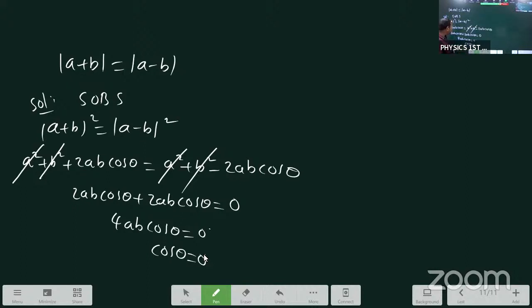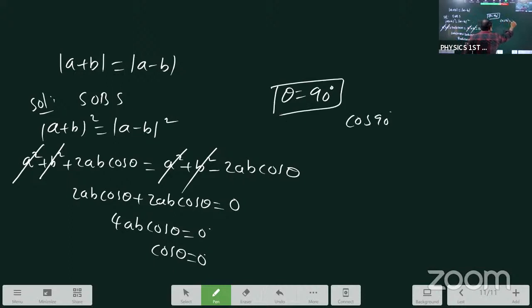Cos theta equals 0 means theta equals 90 degrees, because cos 90 equals 0. For which angle can we get cos equal to 0? 90. So modulus of A plus B equals modulus of A minus B means the angle between A and B is 90 degrees.